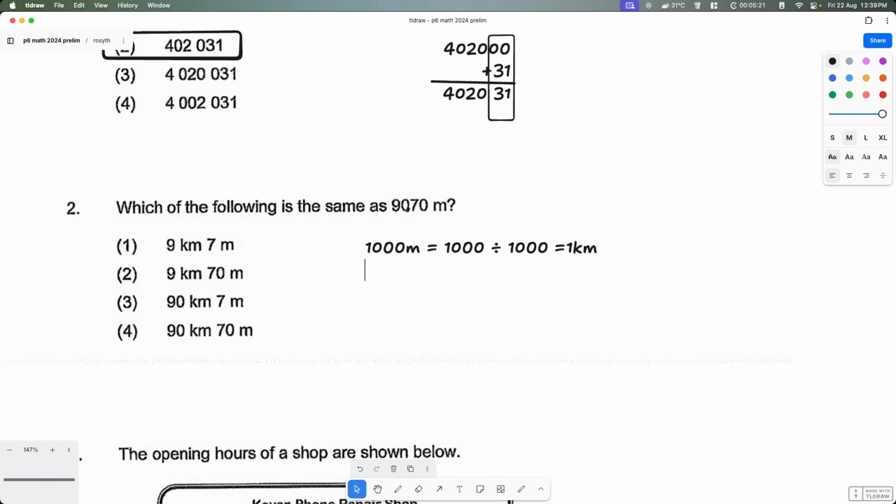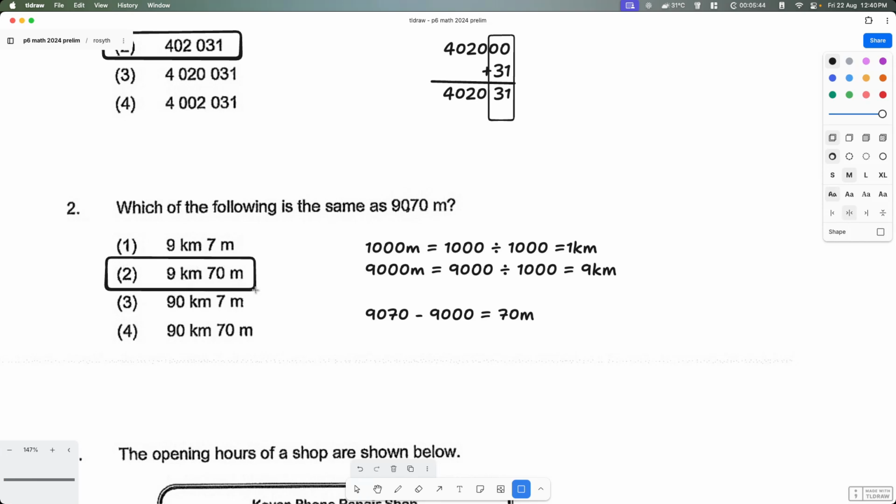So 9,000 meters is equal to 9,000 divided by 1,000, which is 9 kilometers. So you are left with 9,070 minus 9,000, which is 70 meters. So the answer is 9 kilometers and 70 meters.